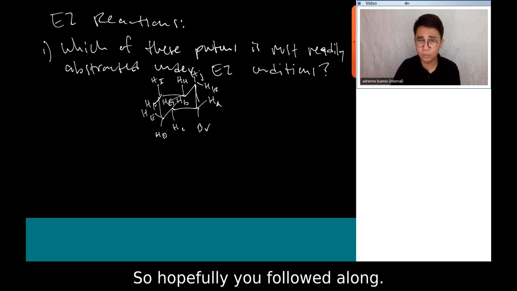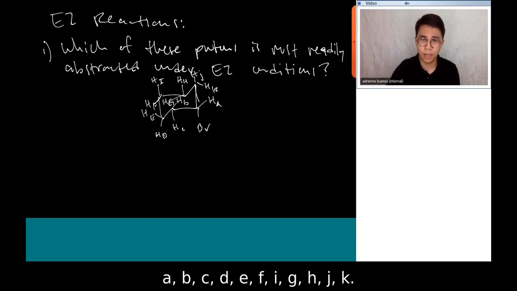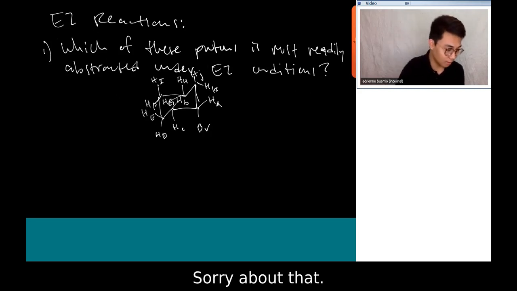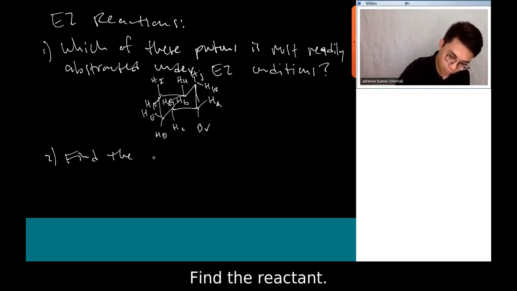So hopefully you followed along, but pretty much I labeled all the hydrogens, A, B, C, D, E, F, G, H, I, J, K. Sorry about that. And let's do this one because we have room. Find the reactant.